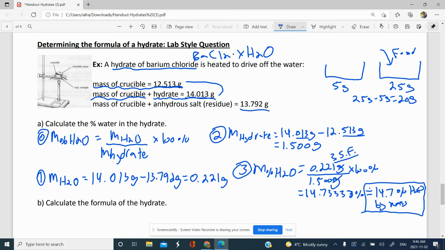So again, generally what you do when you do this lab is you weigh your crucible, the empty container first, then you put in your hydrate and you find the weight of the crucible and the hydrate together. And so that basically lets you know how much hydrate you put in. So you can just do the subtraction between the two there and you get your mass of hydrate.